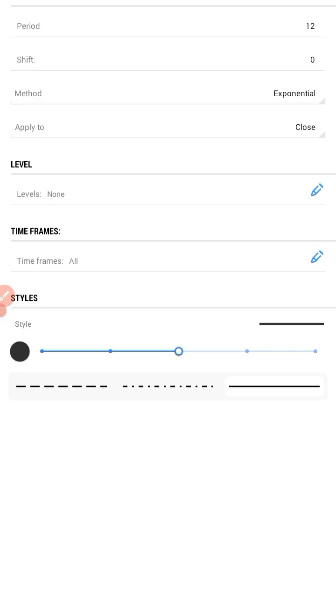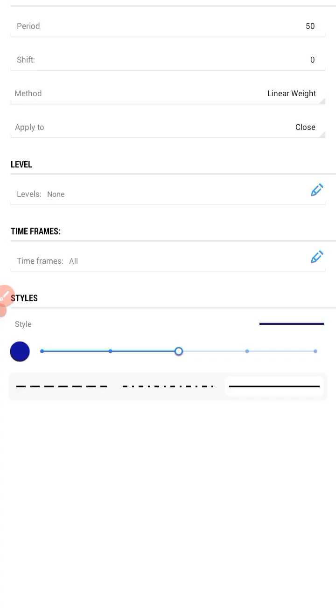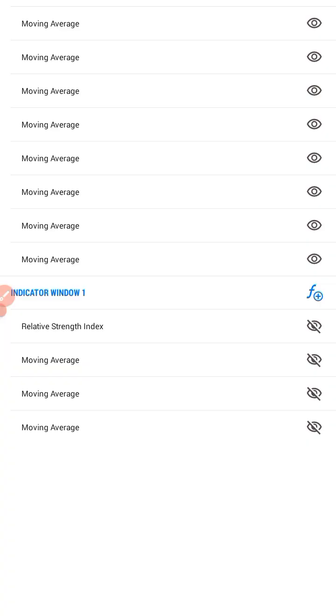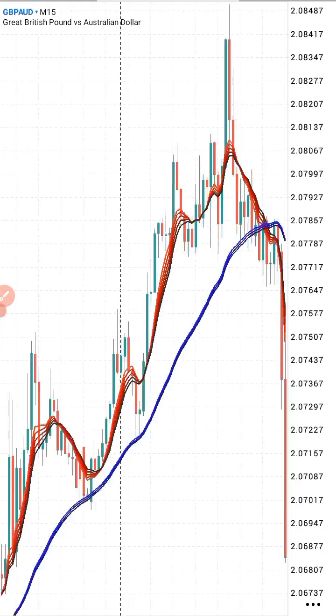Let's make everything weighted, guys. Now, everything is weighted.